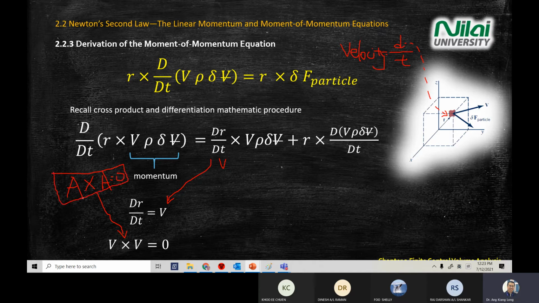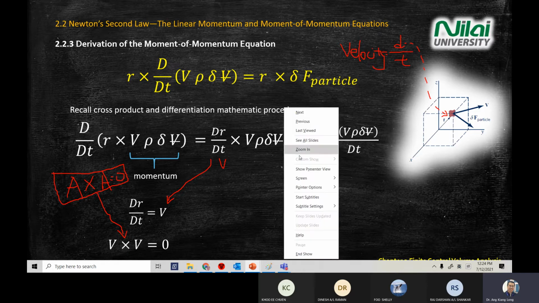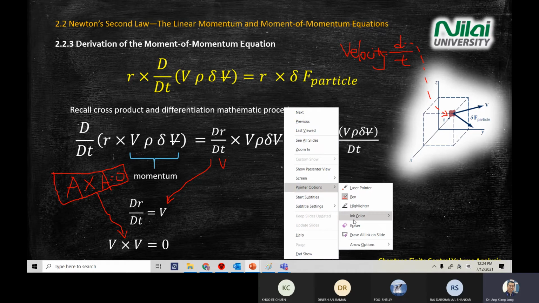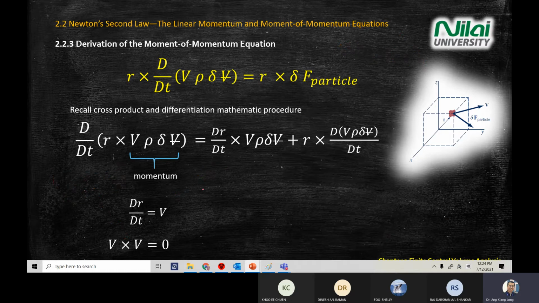We don't have time to explain on the mathematics dimension. What is important is that a cross product of the same vector equals 0. Since the dimension of this one is v cross v, 0, the whole first part equals 0.